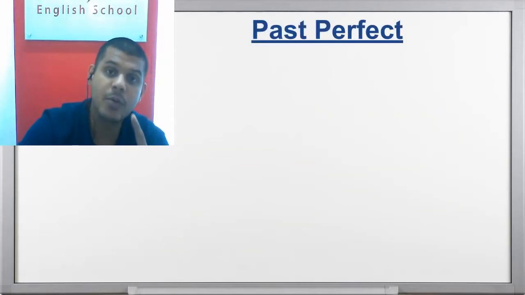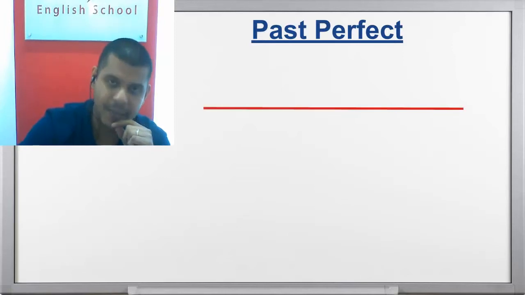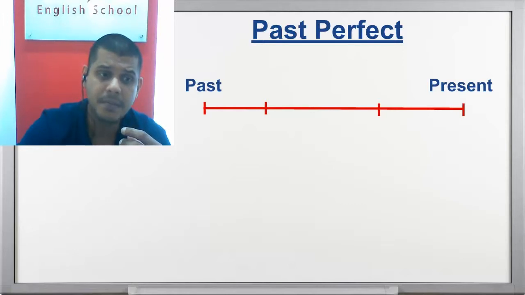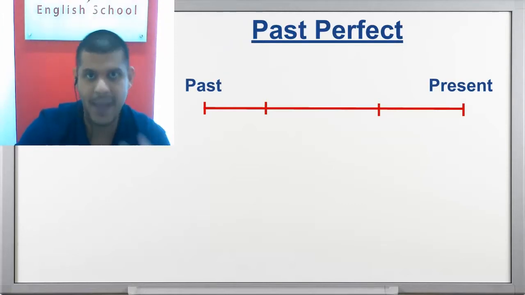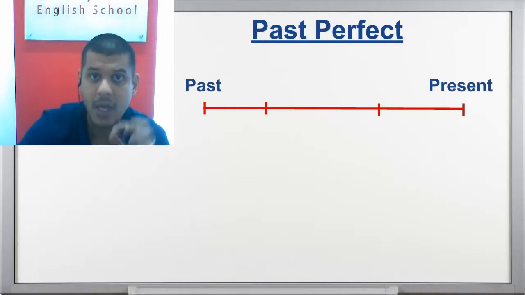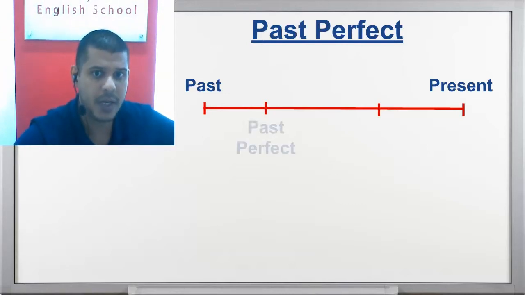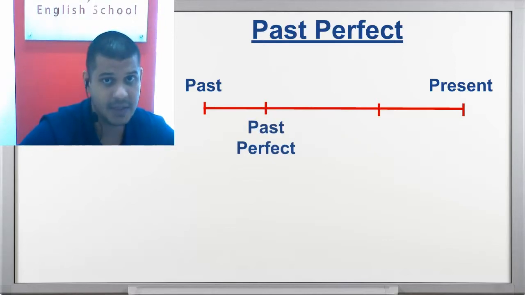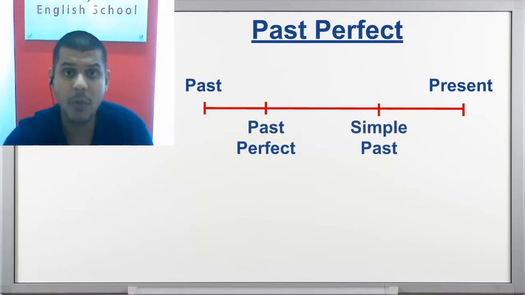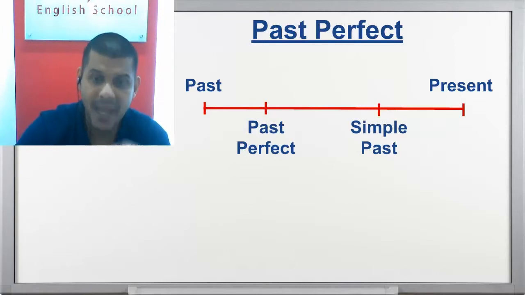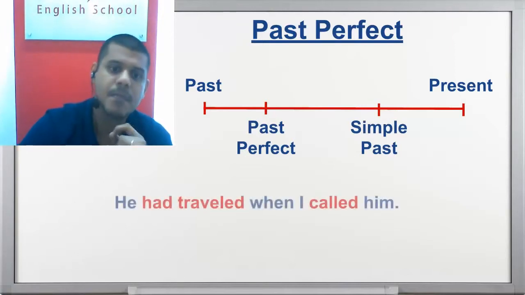And now I will give you another timeline, right? So we have the present, we have the past, and we have the moments in the past, two different moments in the past. So remember, the most distant moment, we're going to use the past perfect. The most recent moment, we're going to use the simple past, right? Now, pay attention to something here.